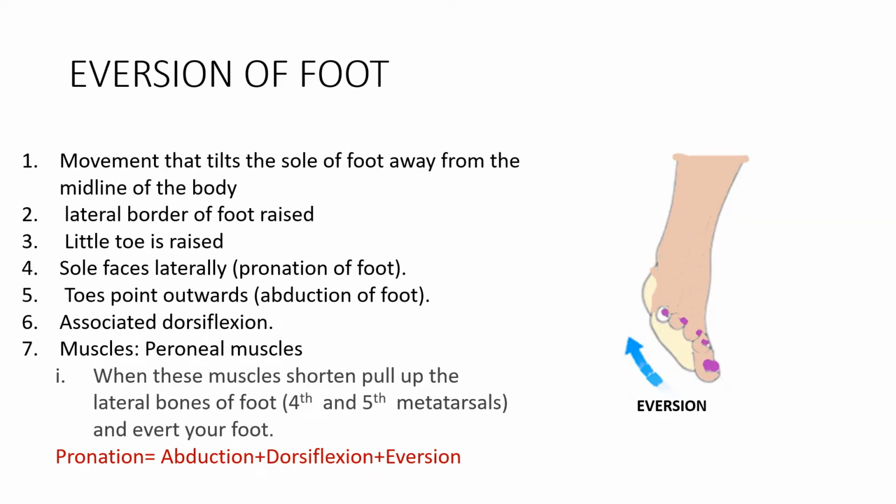After learning about the movement of inversion, let us see what happens in the eversion of foot. See the picture. See how the sole is facing. In the previous one you have seen the sole facing medially towards the midline. Now see in the movement of eversion, the sole of foot is away from the midline of the body and the lateral border of the foot is raised, the little toe is raised.